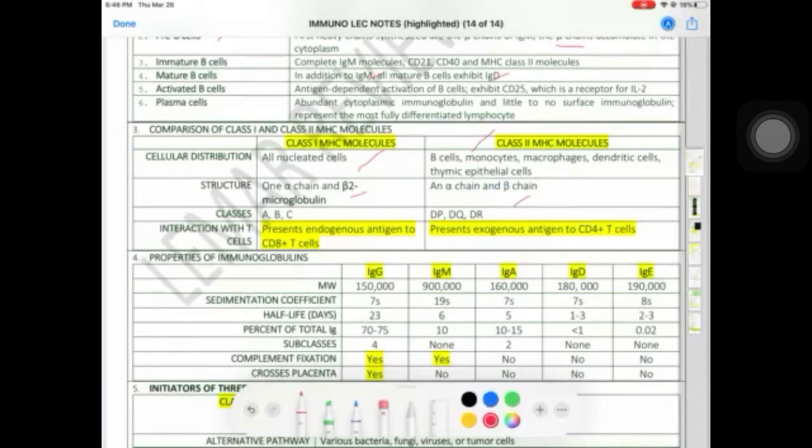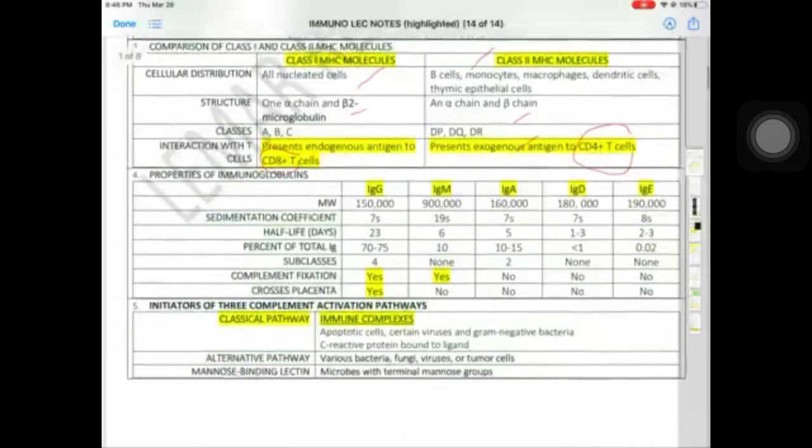Cells that express class 1 HLA are presented to your CD8 positive cell. CD8 positive, ito yung mga T cytotoxic, T suppressor cell. At yung mga cell that express class 2 HLA are presented to our CD4 positive cell or the T helper cell.